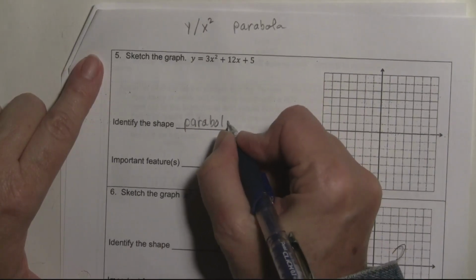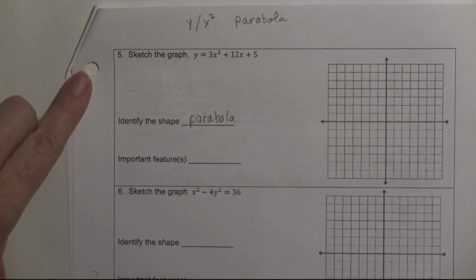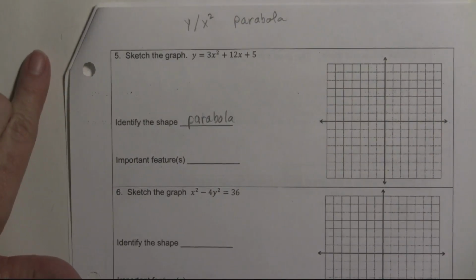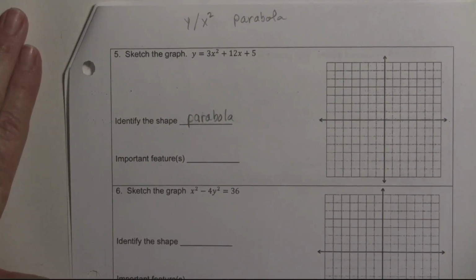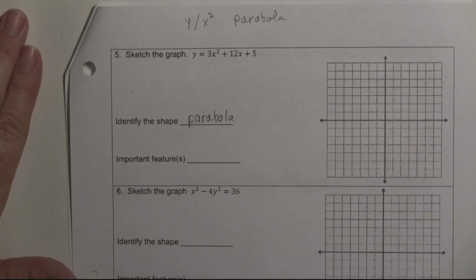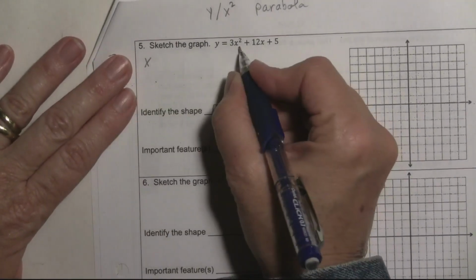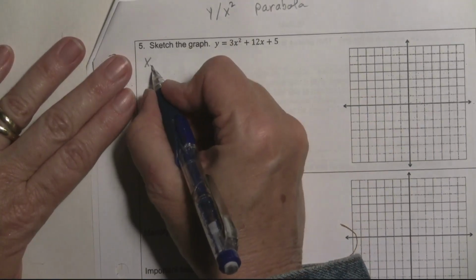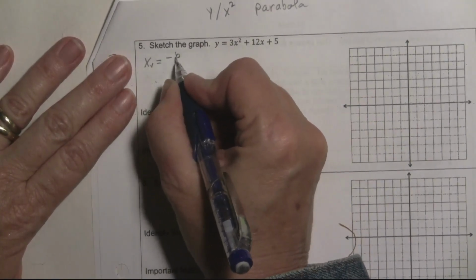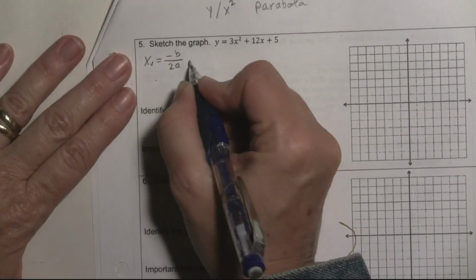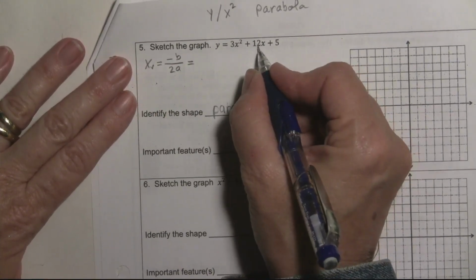This parabola is not in vertex form. And so since it's not in vertex form, it's actually in standard form. So to find the vertex, the x coordinate of the vertex, because we have x being quadratic, is given by negative b over 2a. And in this case, b is 12.